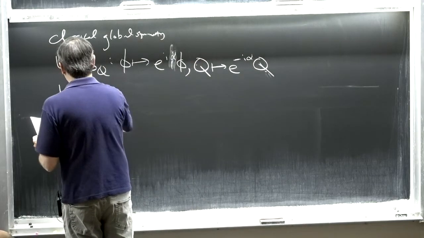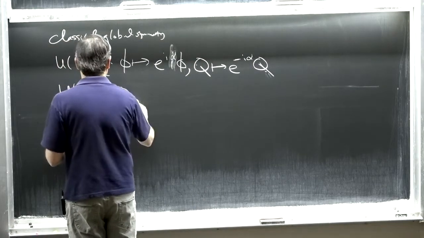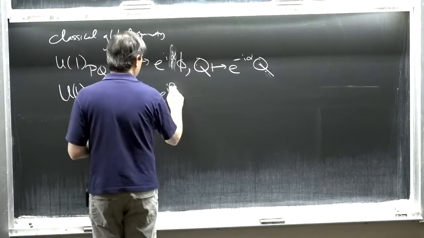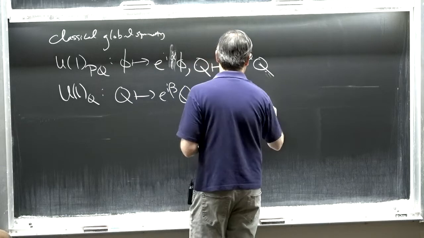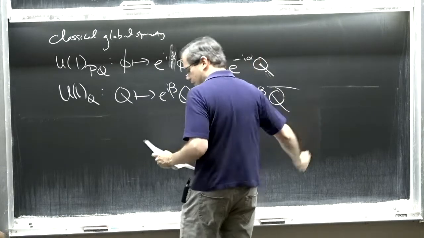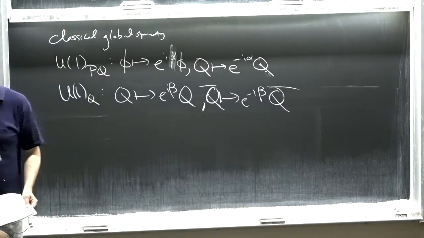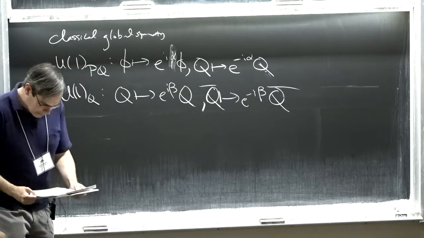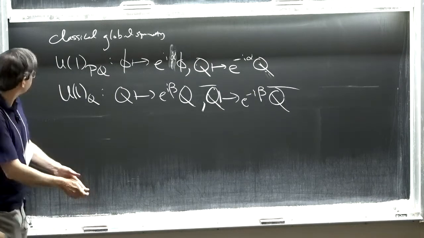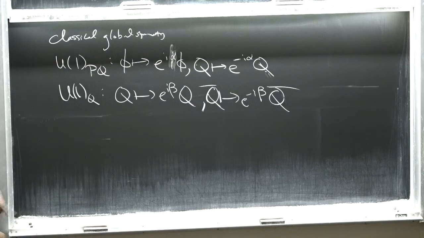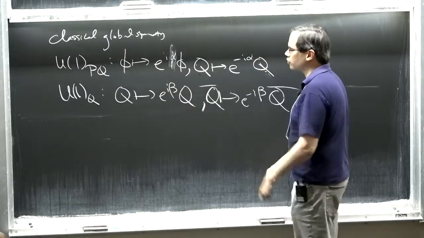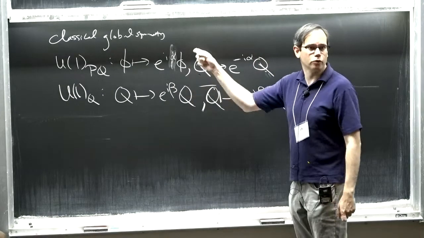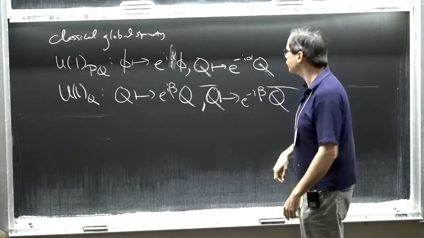One of these U(1)s rotates the field Q and rotates the field Q bar in the opposite direction. Again, Q bar is just a name of the field. It's not a conjugate of Q. So I have these two different symmetries. I can have other symmetries, like one that rotates phi and one that rotates Q bar, but I can get that by a combination of these two. So these are two independent symmetries.